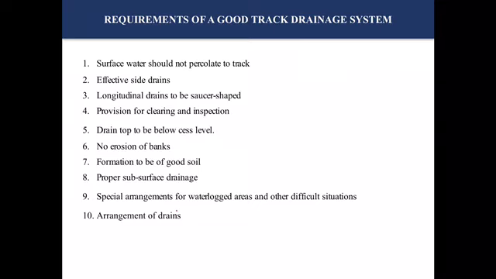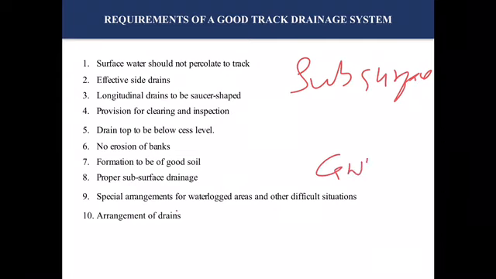And also whenever it is required, we need to provide subsurface drainage. Subsurface drainage will usually be provided to divert the groundwater from entering into the formation. There are various methods by which the groundwater can be prevented from entering the formation level.